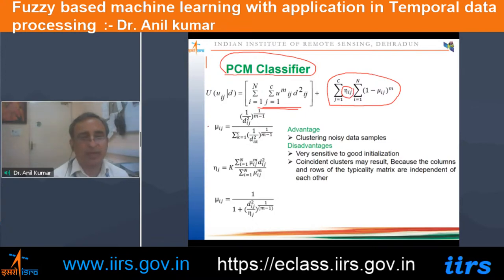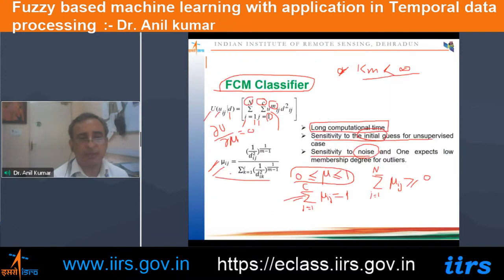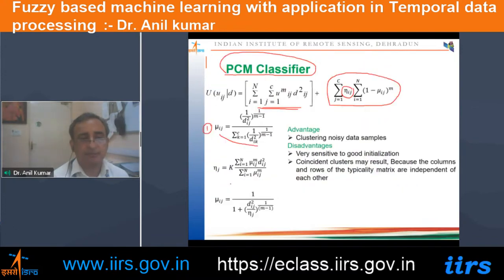How does it work? First, it calculates the mu, like FCM. It is similar to FCM, the same function. Then in the second step, it calculates eta, which controls the shape and size of the class. And finally, in the third step, it calculates the final mu. Final mu is a function of eta and d with m.